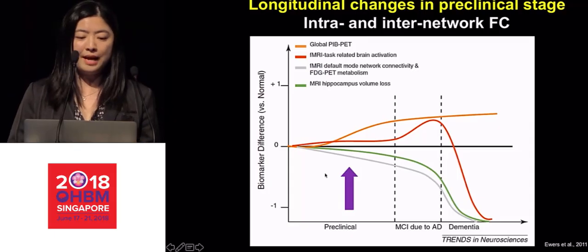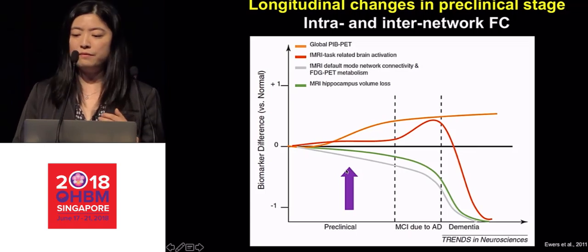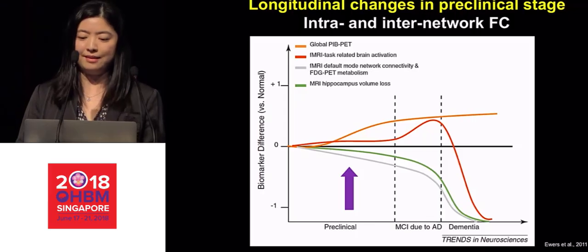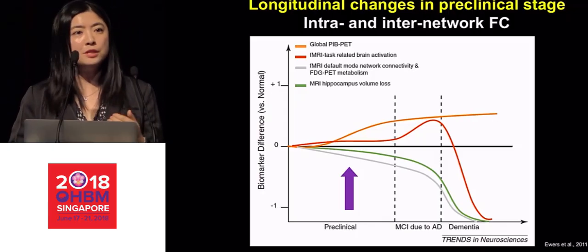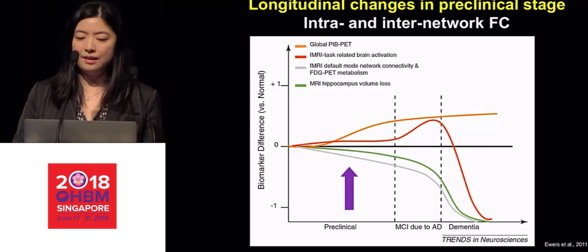Now, if we look at an even earlier stage, preclinical stage, most of the previous resting state fMRI studies are based on cross-sectional design. How these network changes lead to cognitive decline over time and the influence of risk factors such as ApoE genotype in healthy elderly remains largely unknown.